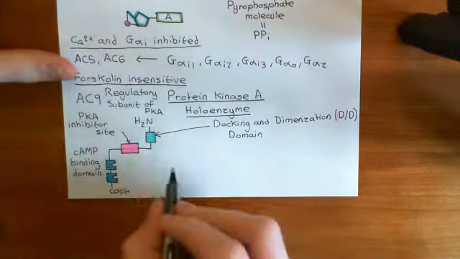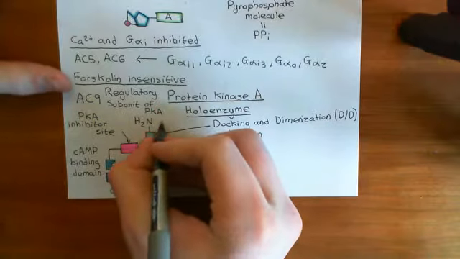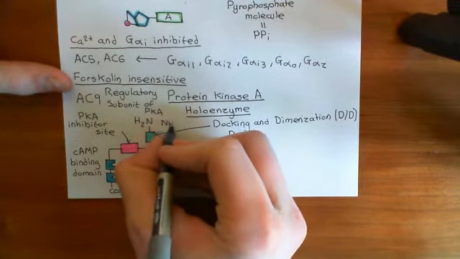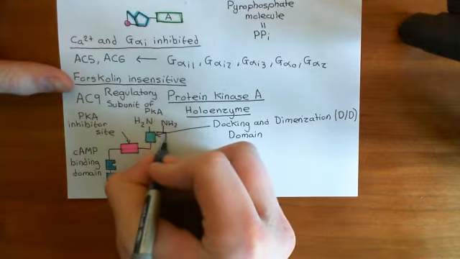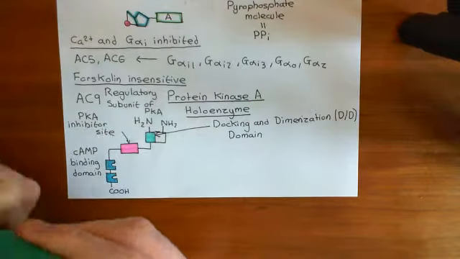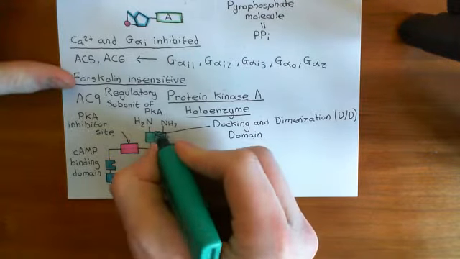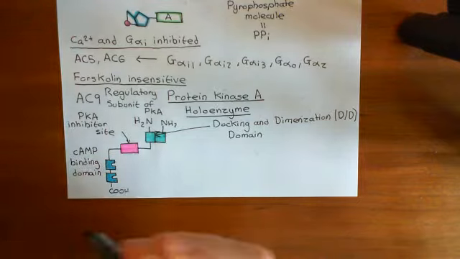The whole thing is going to be made up of 2 of these and 2 other subunits that we haven't even discussed yet. So you're going to take another regulatory subunit of protein kinase A, and they're going to dimerize together. Here is the other one that I'm putting in here now. The way they'll bind together is the two docking and dimerization domains will bind like so.